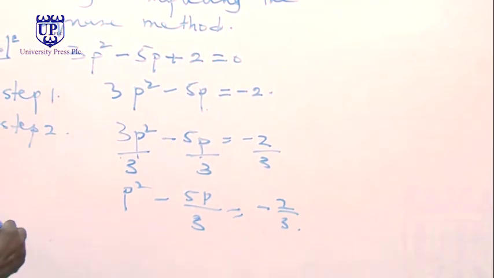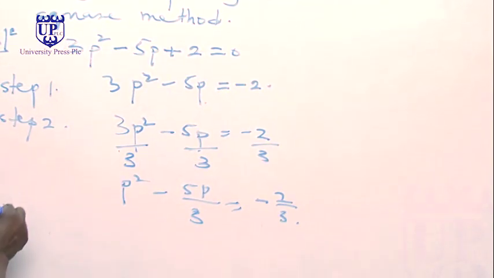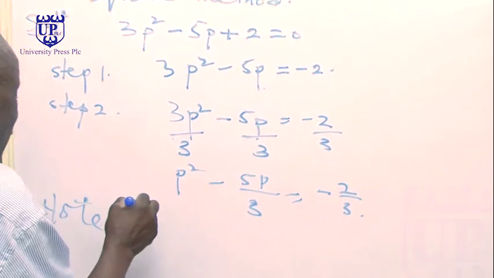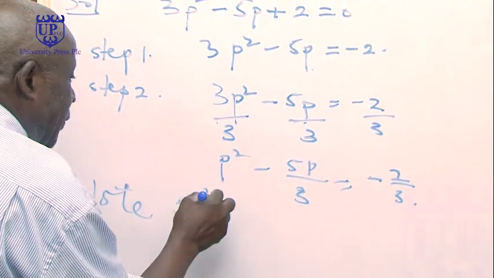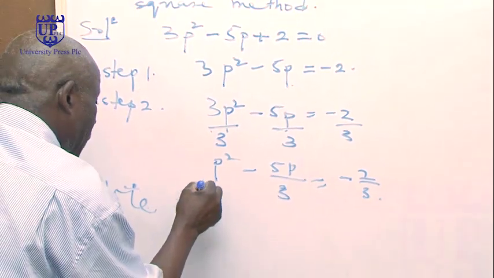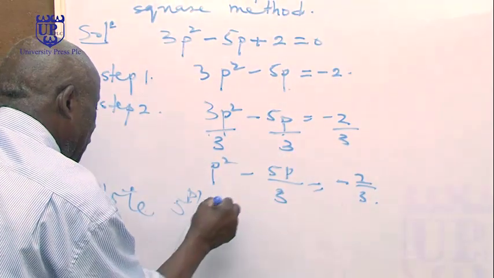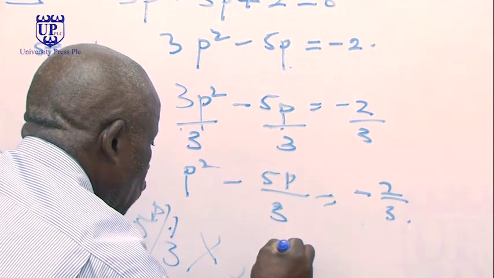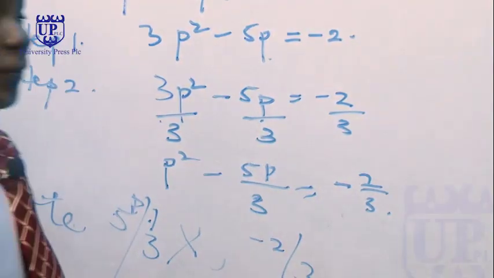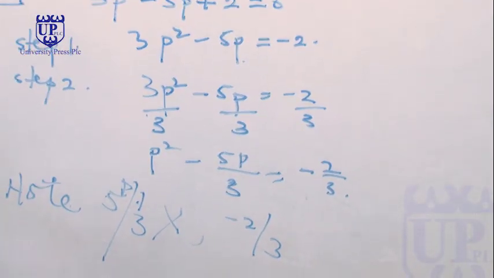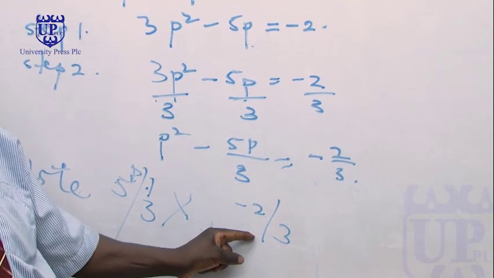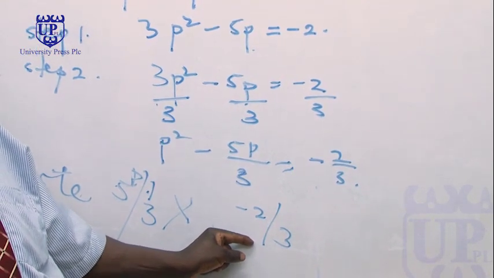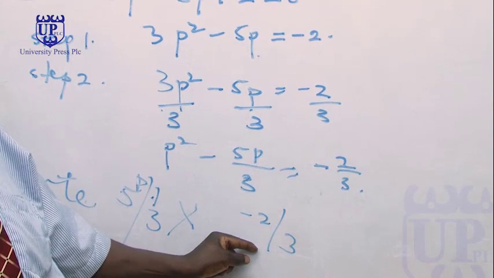Please take note: do not write it with a slash like this, it is wrong. Do not write minus 2 slash 3. We don't accept this again. It is computer terms; we don't accept it.